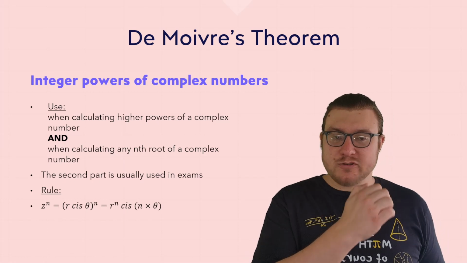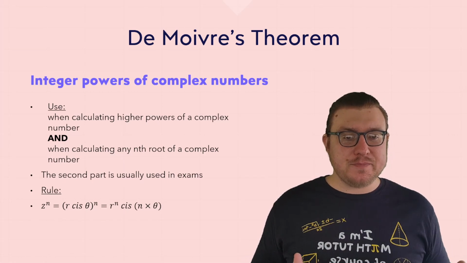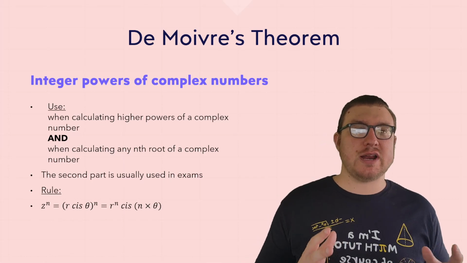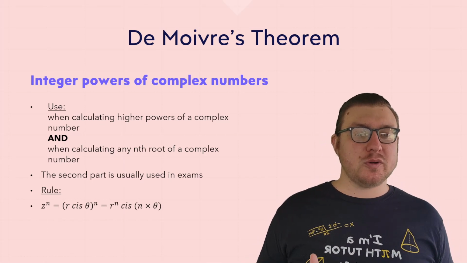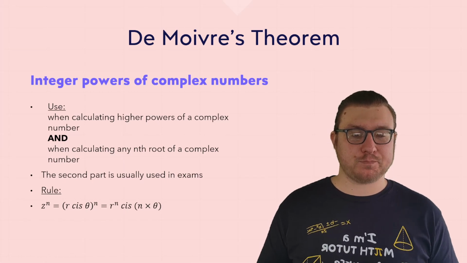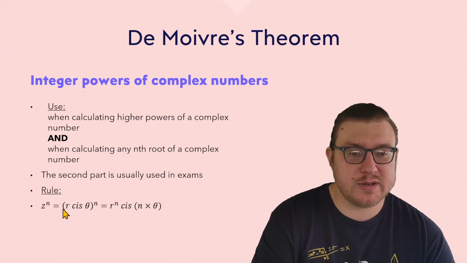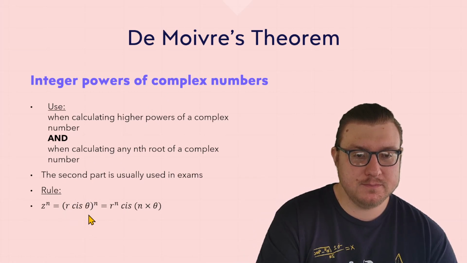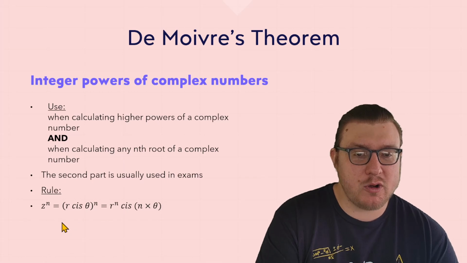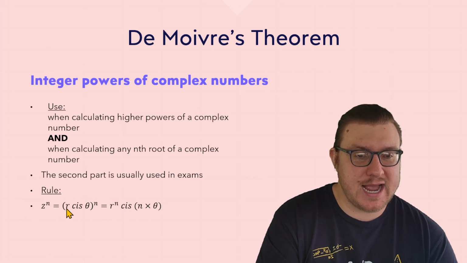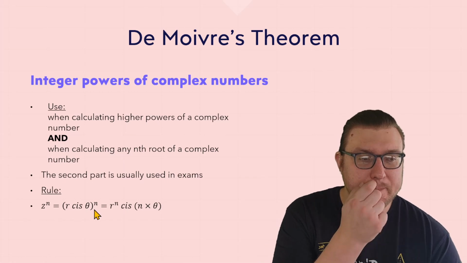So the rule is quite easy. It follows straight from what we know from multiplying complex numbers together in polar form. We want to do this in polar form only. So we want to write our complex number as a distance r, the modulus, times cis theta, to the power of n.